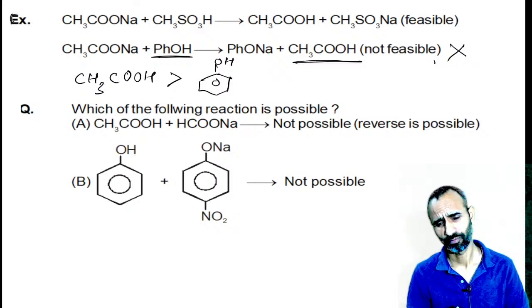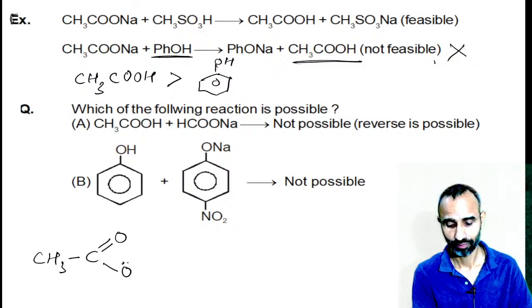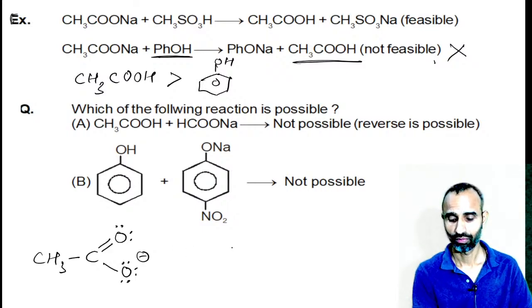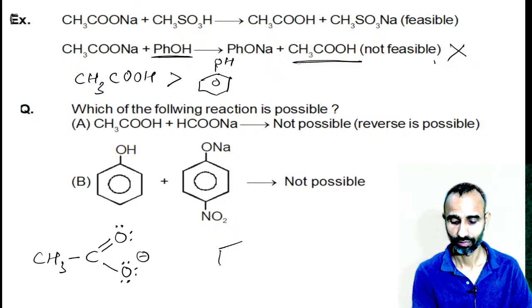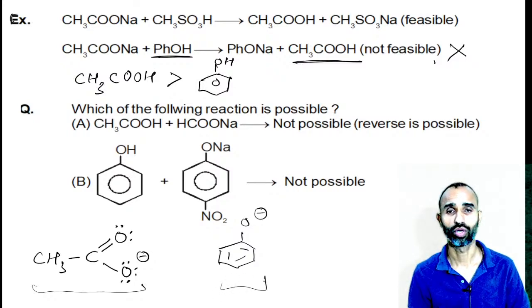Why is it so? Why is acetic acid a stronger acid than phenol? Yes, acetate ion has more resonance stabilization than phenoxide ion, because acetate ion gives equivalent structures.